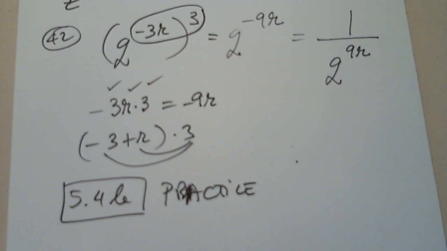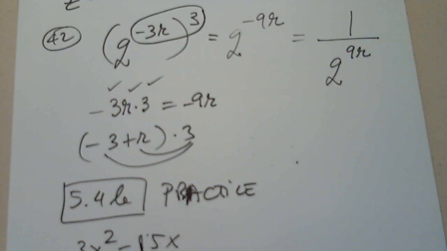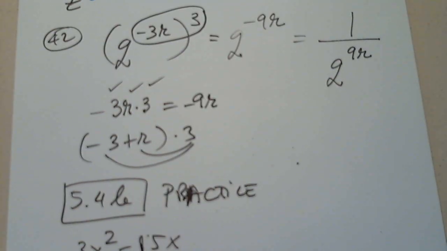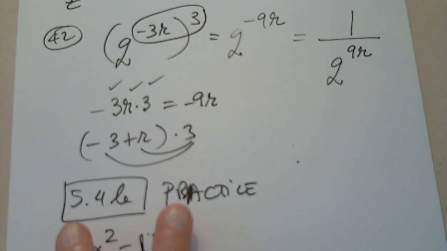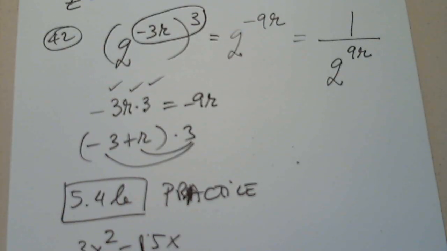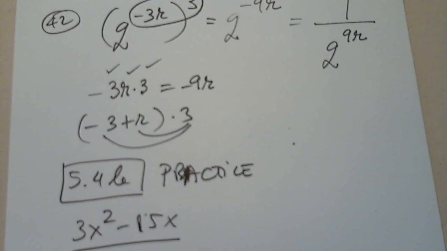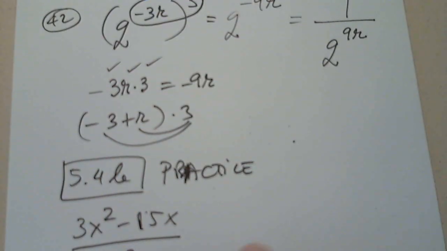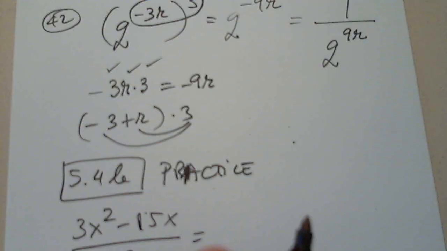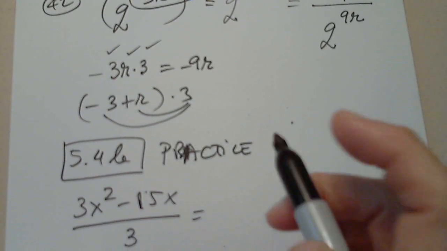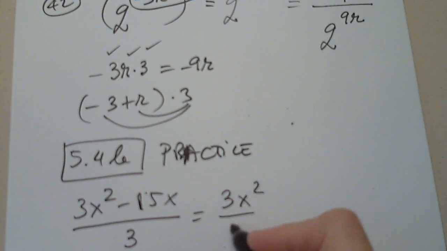Okay, so we have 3x squared minus 15x divided by 3. At the top we have 2 terms, 3x squared and -15x. In the denominator we have 1 term. Only when we divide whatever number of terms by 1 term, we are allowed, option 1, to separate the fractions.